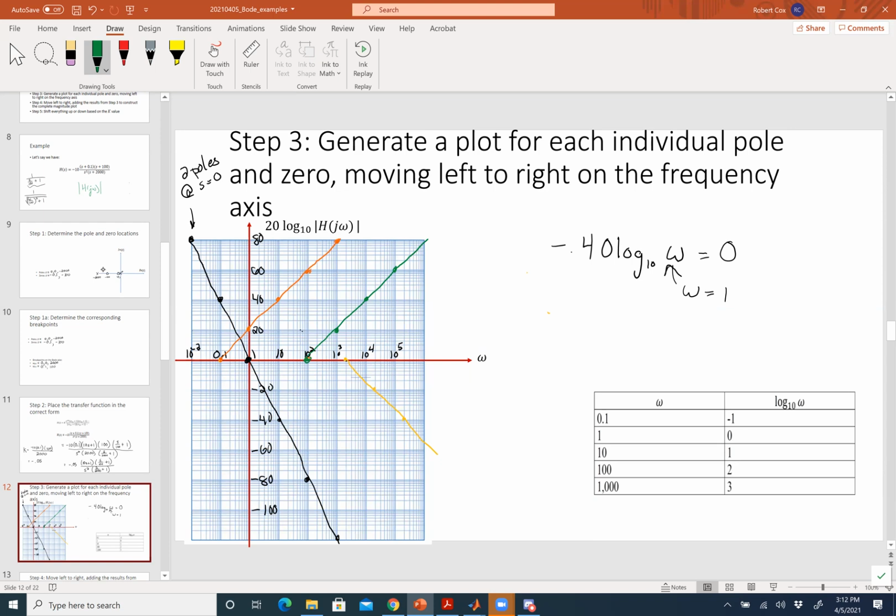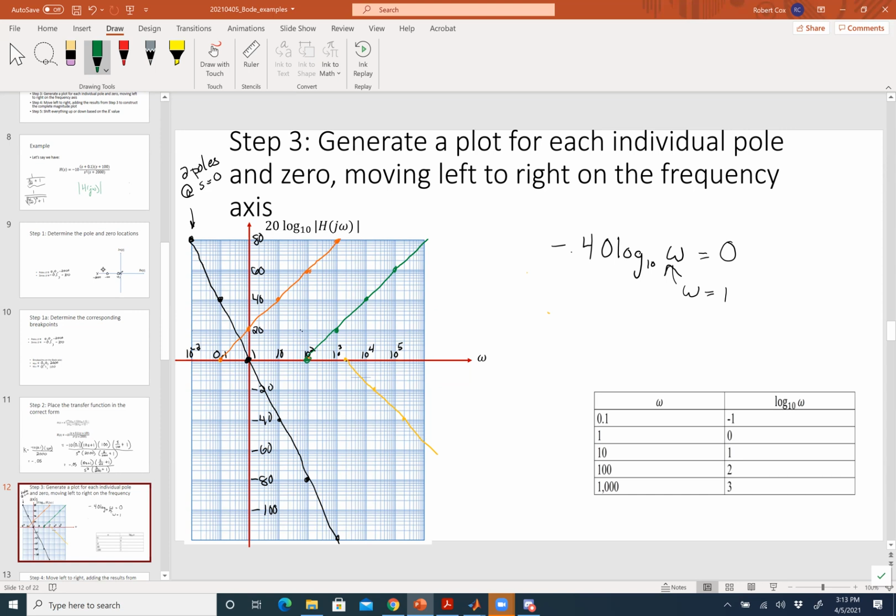So 0.1 is my breakpoint. My 0 was at negative 0.1, but the breakpoint was at 0.1. Now that looks to you like it's negative because it's on the left side of that line, but it's not negative. It's a logarithmic line, so anything that's negative on a log scale just means you're talking about a number less than 1, right?